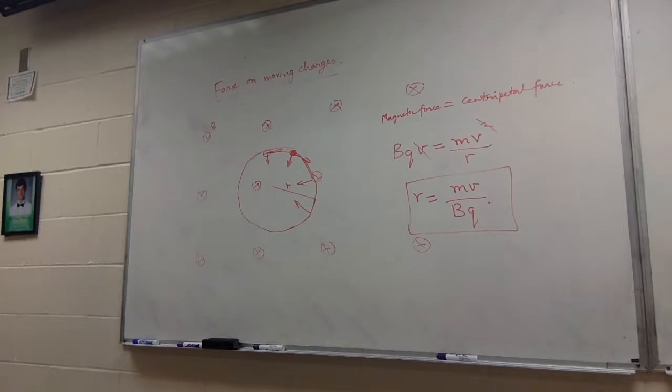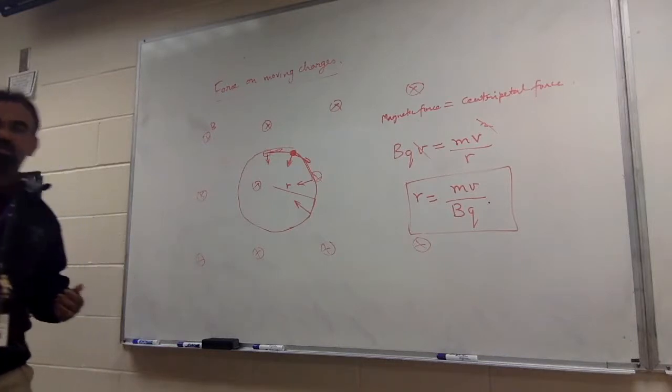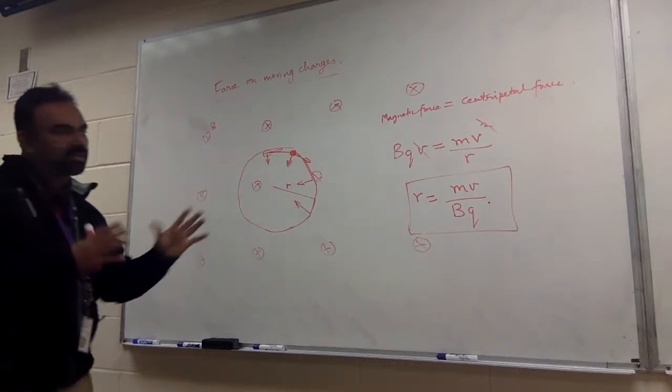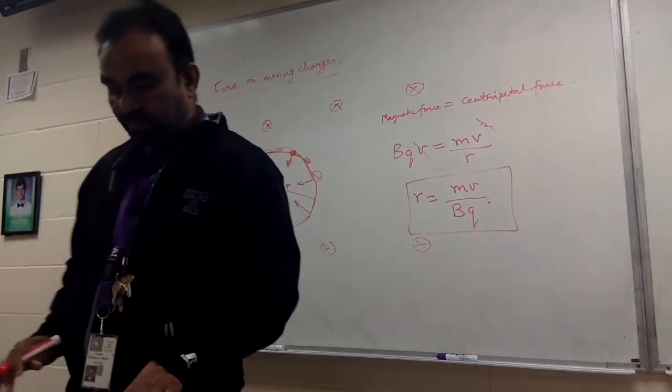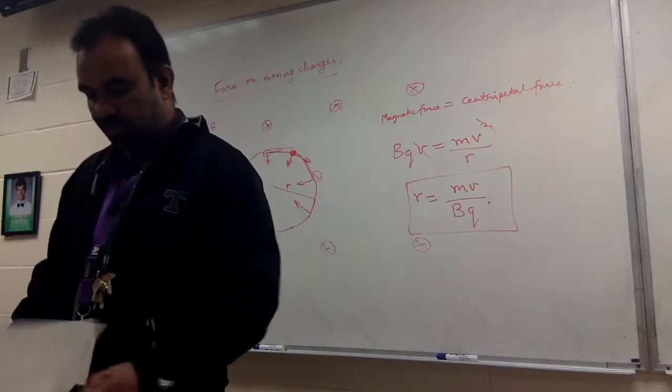Okay. So the radius of the turn taken is mv over Bq. It's an important equation, especially when you're talking about forces on moving charges.